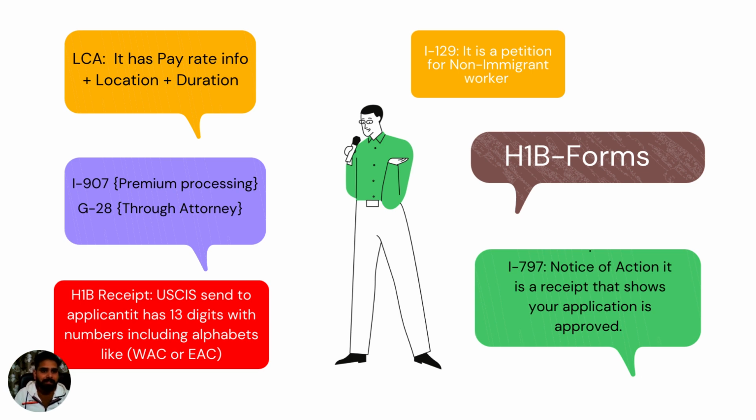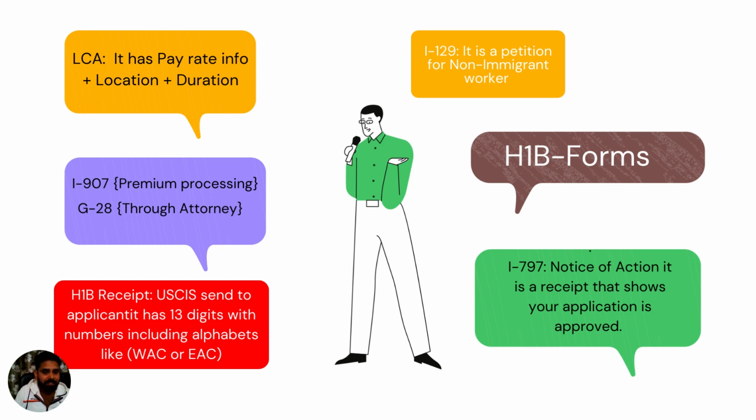Now, this LCA and I-129 can be processed through premium processing, which is known as I-907. And if you want to go through an attorney, that process is known as G28. So G28 and I-907 are just the process by which you would like to go ahead with your petitions.